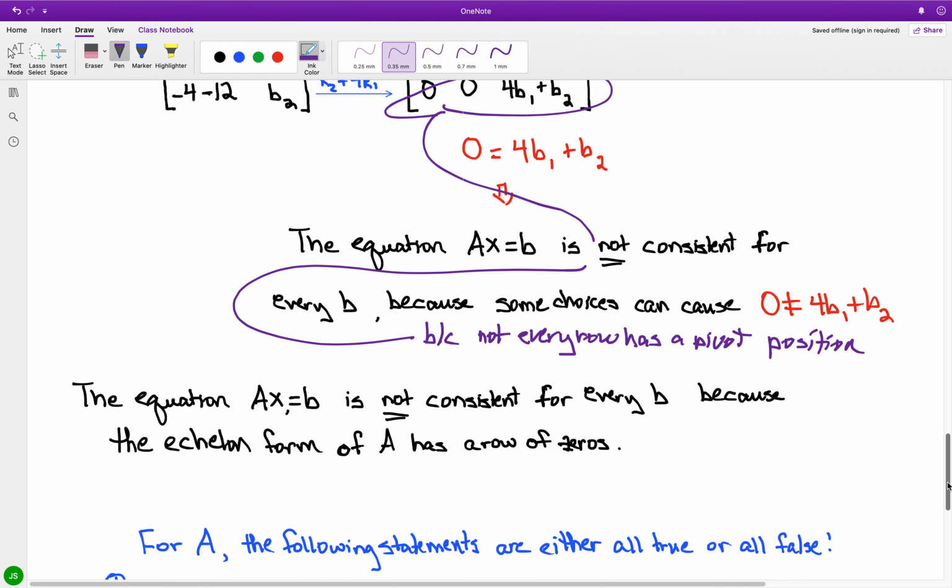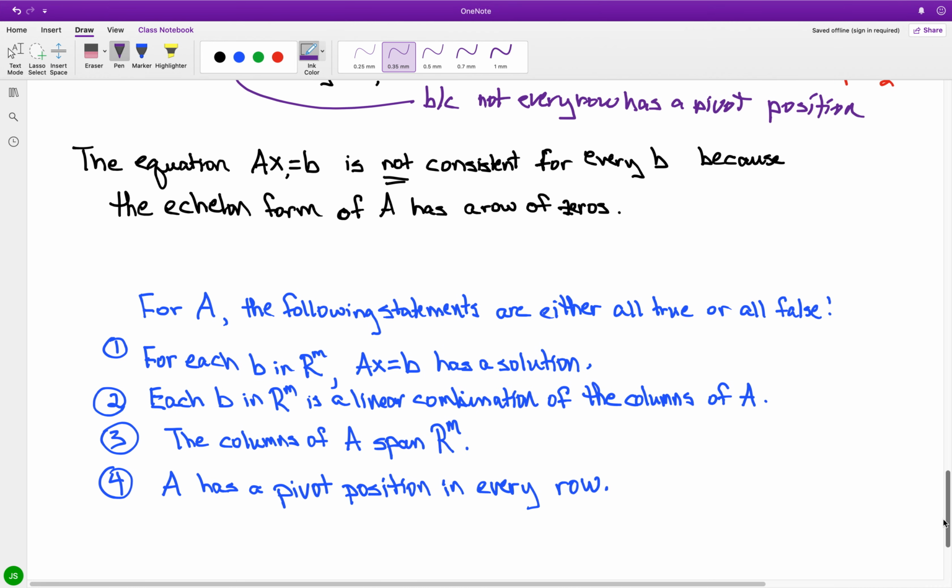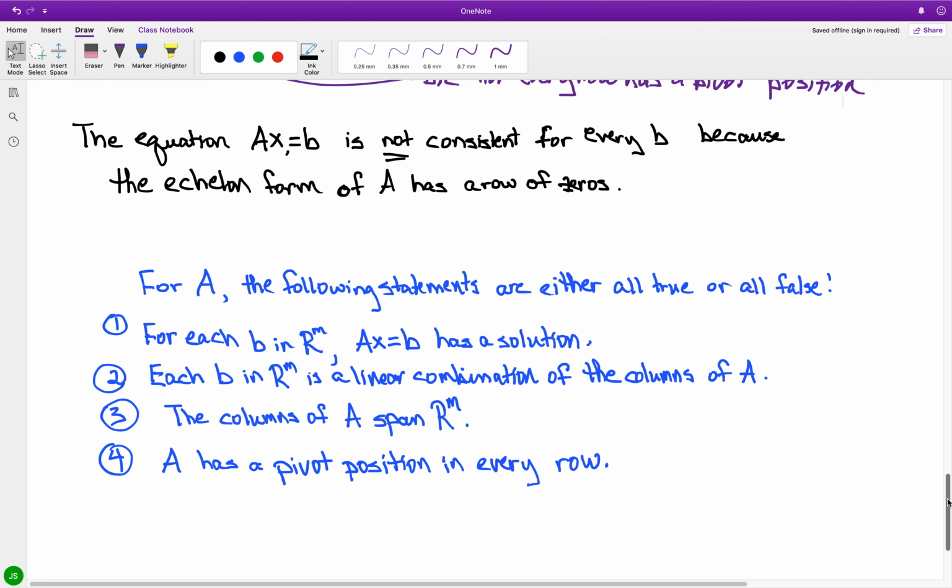And now, encapsulated, for A, the following statements are either all true or all false. First, for each b in R^m, Ax equals b has a solution. Second, each b in R^m is a linear combination of the columns of A. Third, the columns of A span R^m.